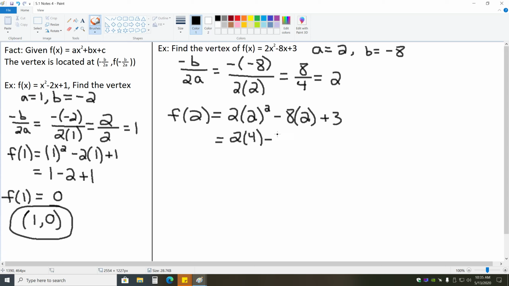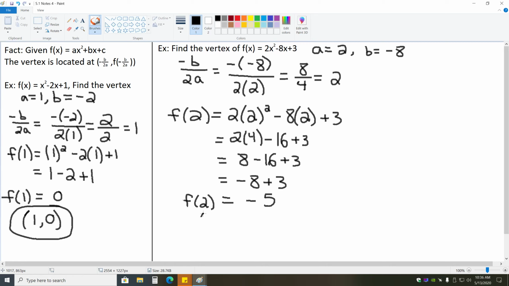Negative 8 times 2 is minus 16 plus 3. 2 times 4 is 8 minus 16 plus 3. 8 minus 16 is negative 8 plus 3. And negative 8 plus 3 is negative 5. So f of 2 is negative 5, giving us a vertex of 2, negative 5.